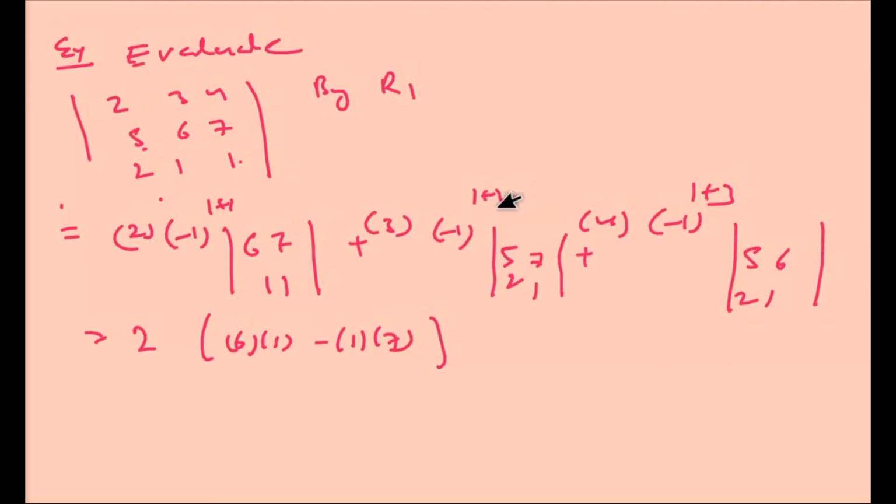And minus 1 to the power 3, odd, therefore it is negative, and here is 3 into 5 into 1 minus 2 into 7.